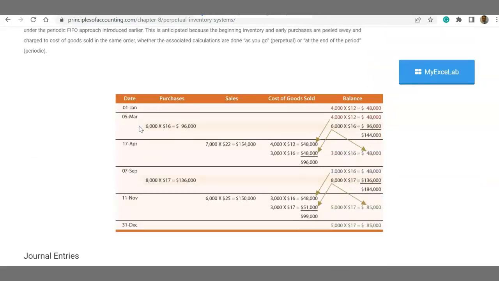That means in this example, you are purchasing 6,000 units at $16. So your inventory now has 4,000 at $12 and 6,000 units at $16. So the total is $144,000 worth of inventory by March 5th. But on April 17, you sold 7,000 units.